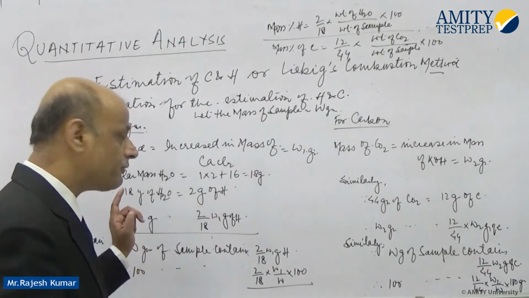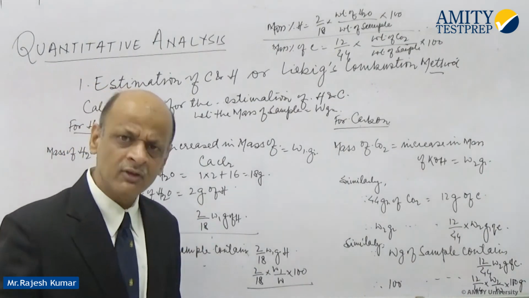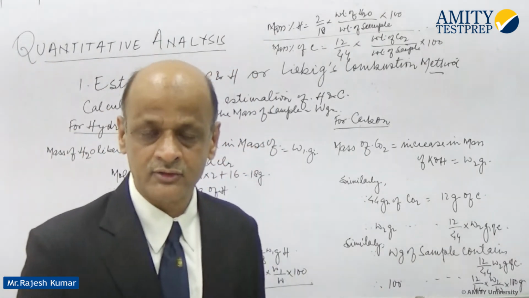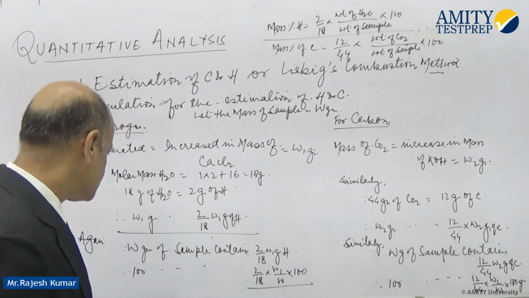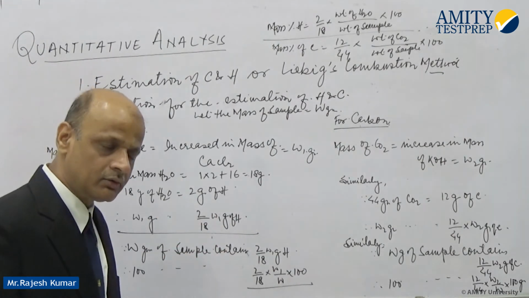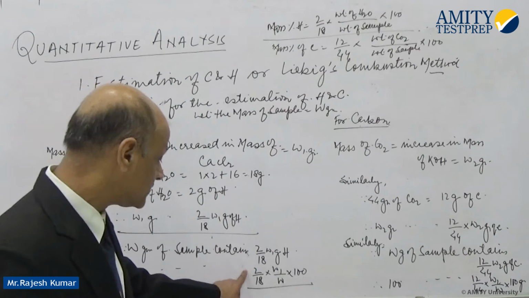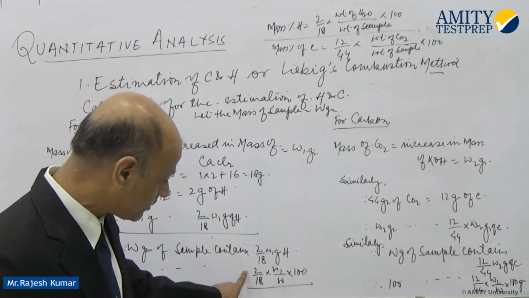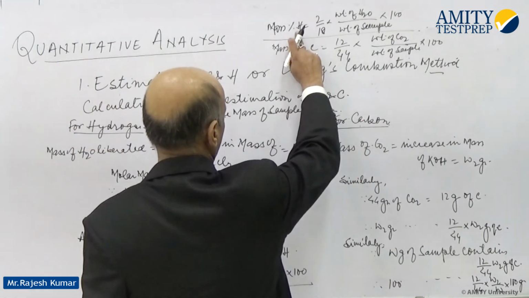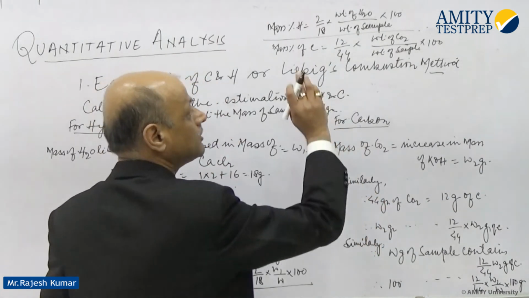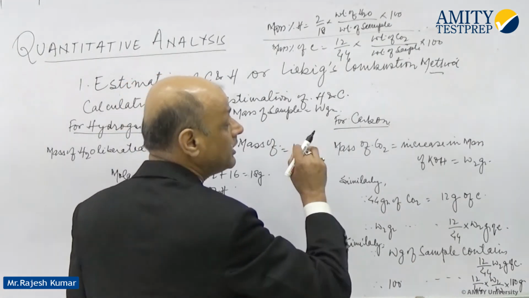So W1 gram of H2O will give 2 by 18 into W1 gram of hydrogen. W gram of sample contains 2 by 18 into W1 gram of hydrogen, so in 100 gram, the mass percentage of hydrogen is 2 by 18 into weight of water upon weight of the sample into 100.